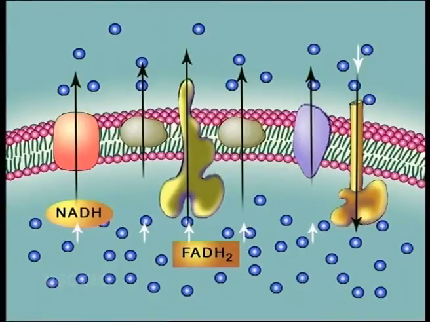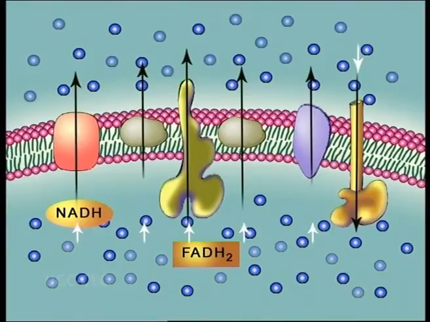Because of this electron transport system, hydrogen ions are continuously pumped into the intermembrane space. As the proton concentration increases in the intermembrane space, a strong electrochemical gradient is established across the inner membrane.